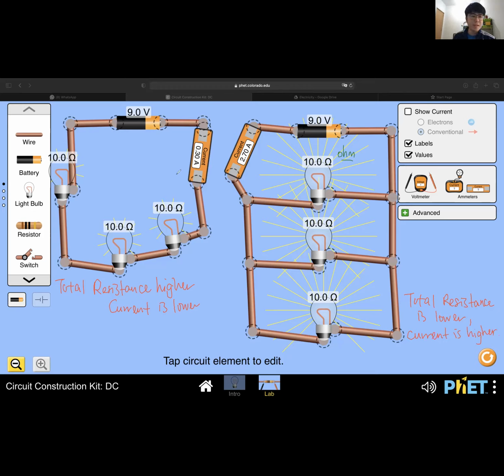The series one is like the charge has to go through one after another. Go through this one, and go through this one, go through this one. But for the parallel circuit, the charge can choose. For example, you can think of it like this: why this one has higher resistance and why this one is lower. Let's say I have 3 positive charges, like 3 drivers, going in one single lane.